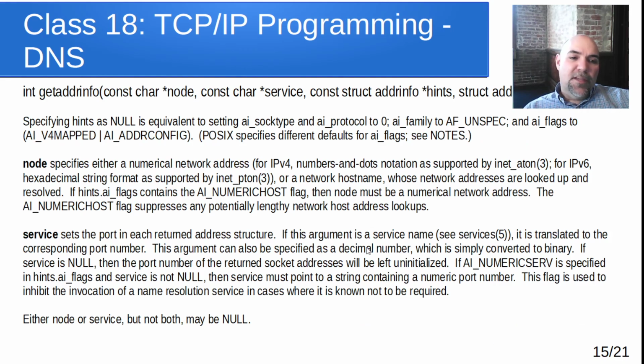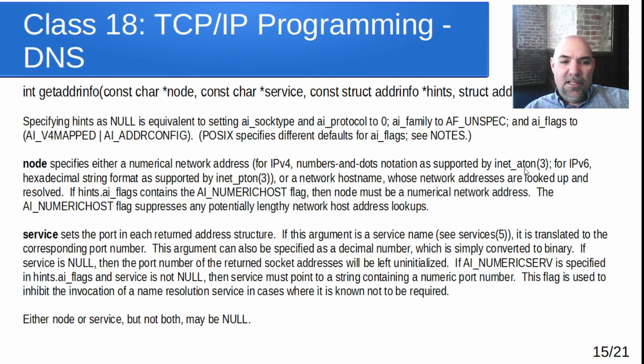Now, continuing on, it says specifying hints as null is equivalent to setting ai_socktype and ai_protocol to 0, ai_family to AF_UNSPEC, and ai_flags to that. And the other part of this is, notice we have this node. It specifies either a numerical network address, for IPv4, numbers-and-dots notation as supported by inet_aton.